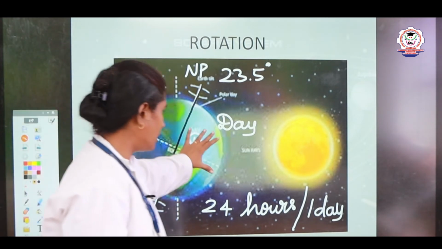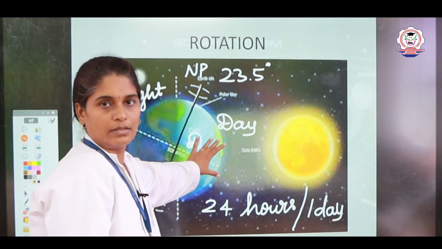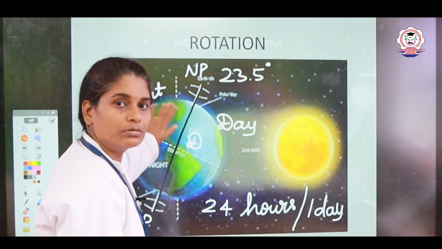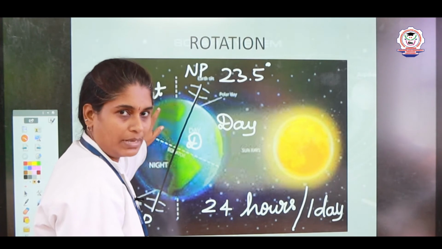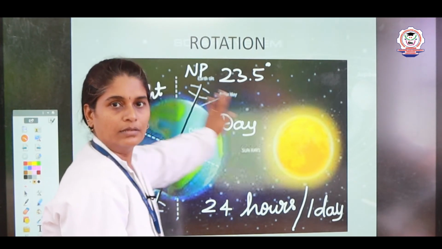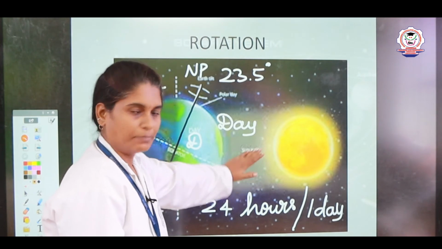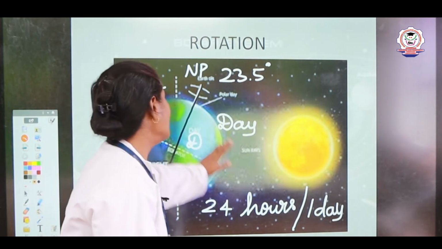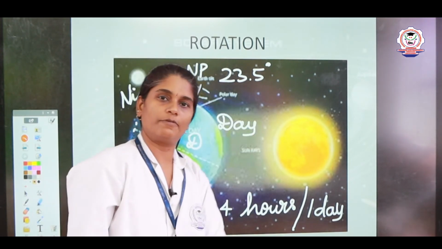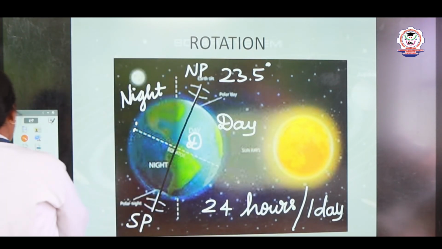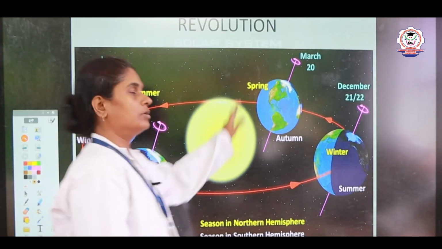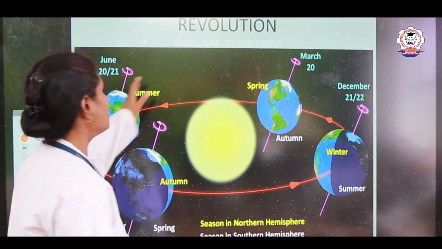When it is day in India, it will be night in America, and when it is night in India, in America it will be daytime. So the daytime and night time are caused by the rotation of the Earth. And the next one we will see is revolution, the revolution of the Earth.